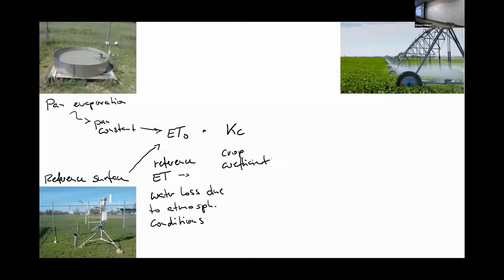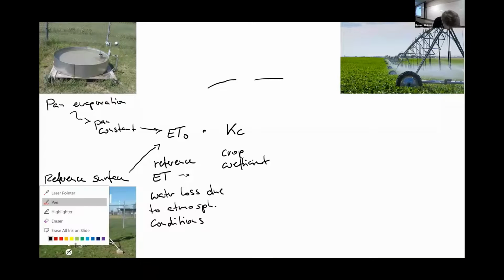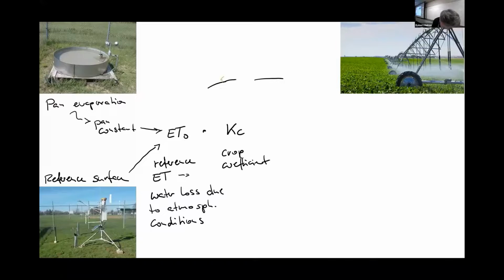So if you've got just a teeny tiny plant, the transpiration from the teeny tiny plant is going to be a lot less than the reference evapotranspiration. Versus if the plant is fully developed canopy, it's going to be much closer to that reference evapotranspiration, right? So it's going to be life stage dependent and crop dependent, right? So if we got sort of two cases here, we got a teeny tiny plant, okay?